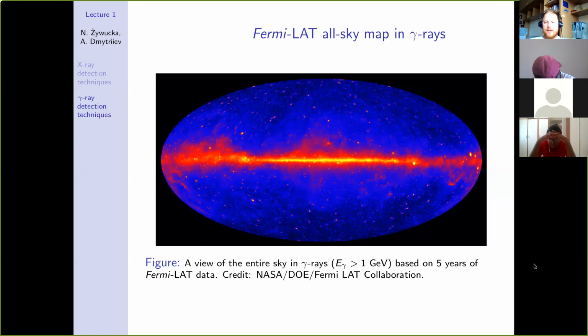So the 5 years of gamma ray data above 1 GV, and bin that in space. So we know arrival direction for all of them. So this will be the view of the gamma ray sky.